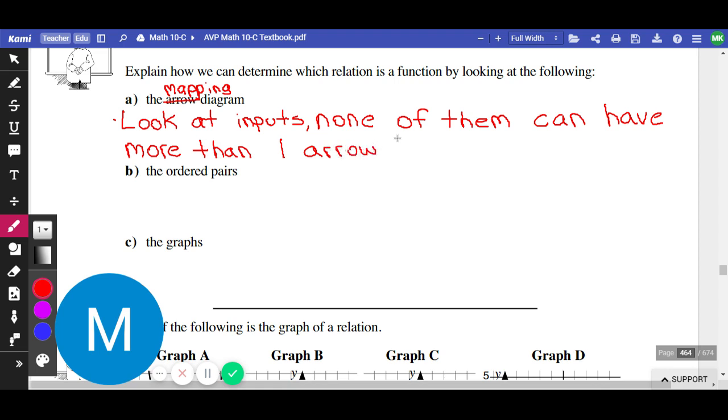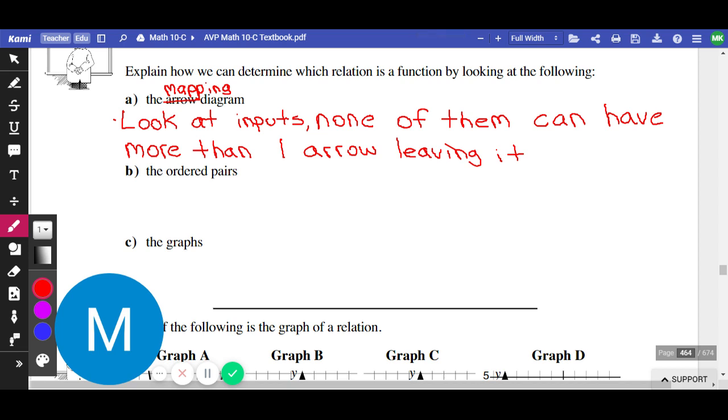And I'm going to just say leaving it. Just in case you forget what the input is, inputs have the arrows leaving it. So if I get a mapping diagram, I look at my inputs. If any of them have more than one arrow, not a function. Automatically not a function. You could have 99 of them all with one arrow, and the last one has 2 arrows, the whole thing is not a function. Okay? Every single input has to follow my rule.